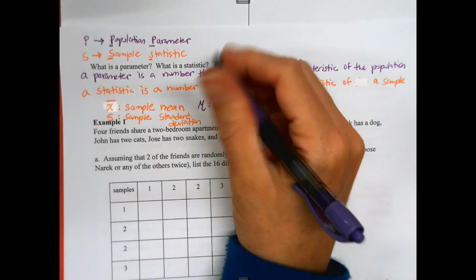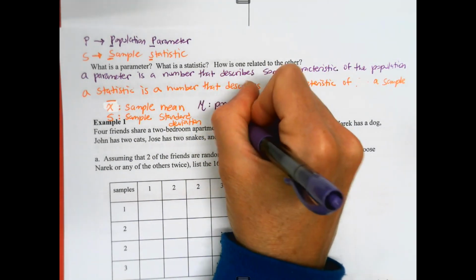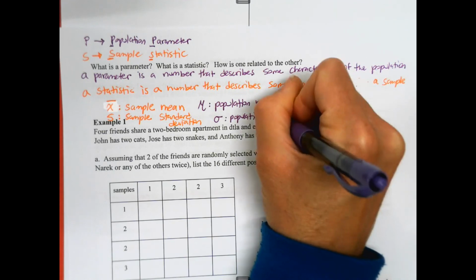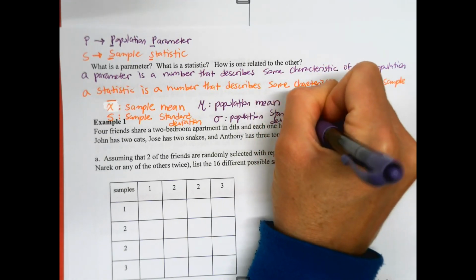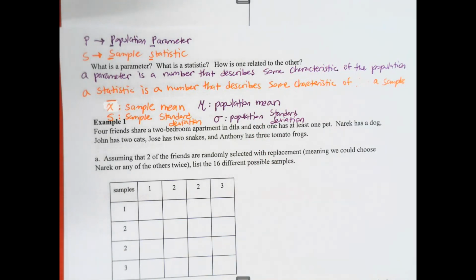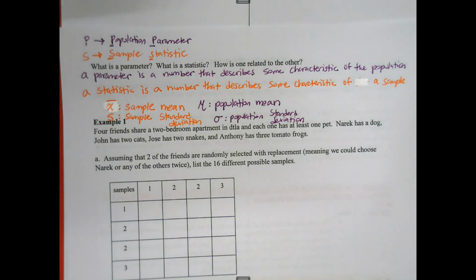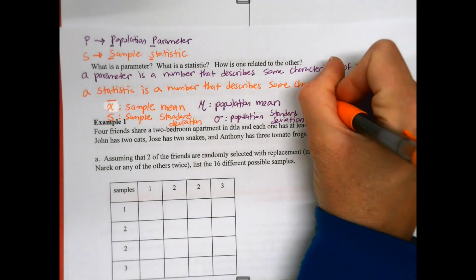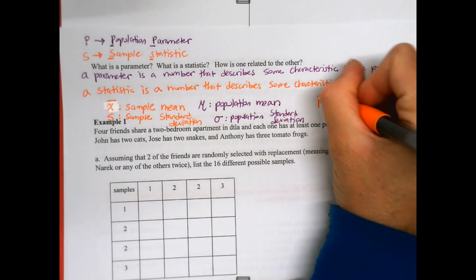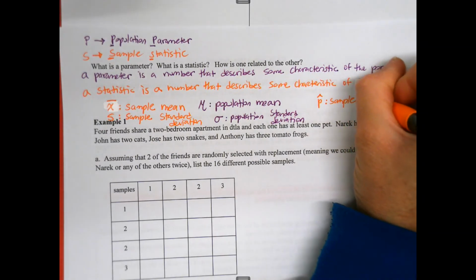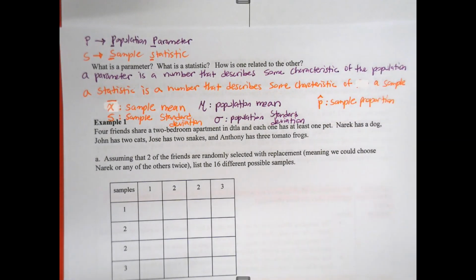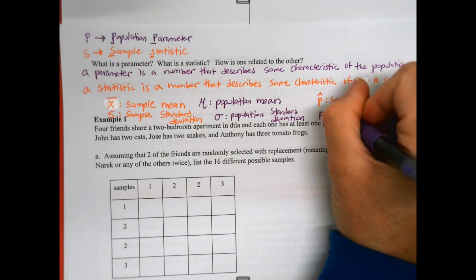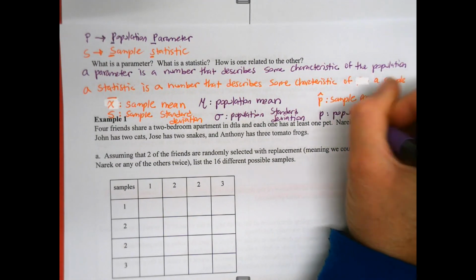And we have talked about sigma, which is our population standard deviation. Another one that we will start to look at within the next chapter will be p hat, which is a sample proportion. And we've already talked a lot about P, which is a population proportion.